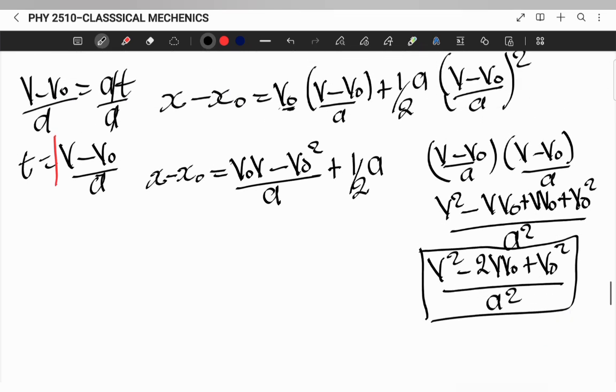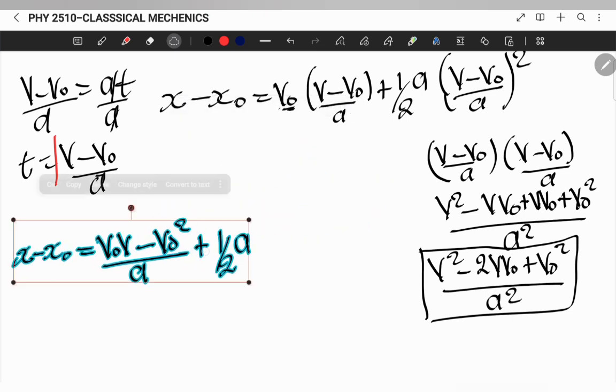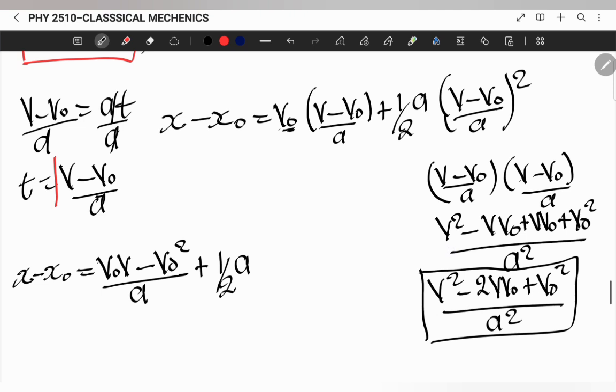Okay, so I'm going to take this expression, and since I'm distributing across, it's going to be v squared minus 2v naught v plus v naught squared over a squared.